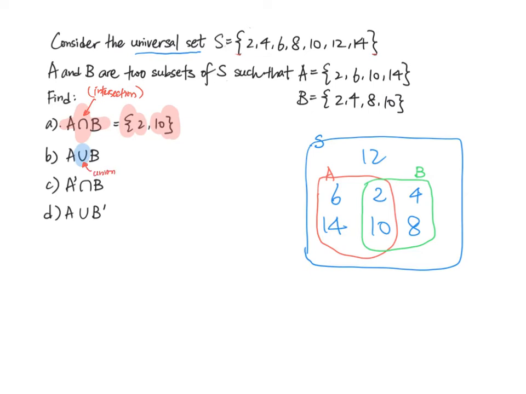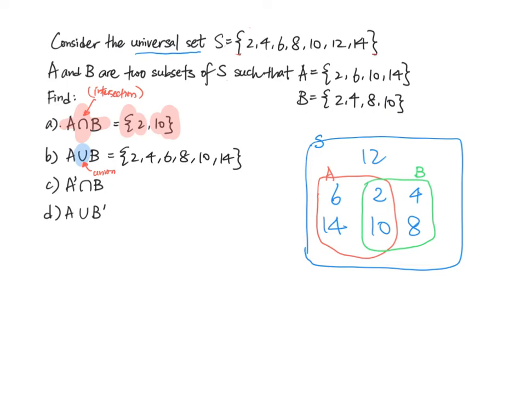The union means the set that we want everything from set A, and we also want everything from set B. So if you look at the diagram, A has 2, 6, 10, and 14, and B has 2, 4, 10, and 8. So we just write out everything that is included in A or B. So 2, 4, 6, 8, 10, and 14.